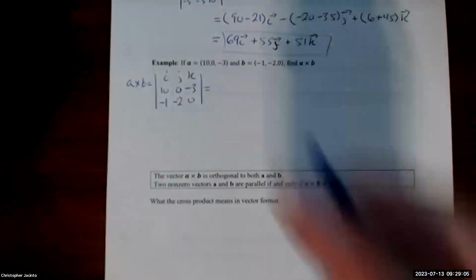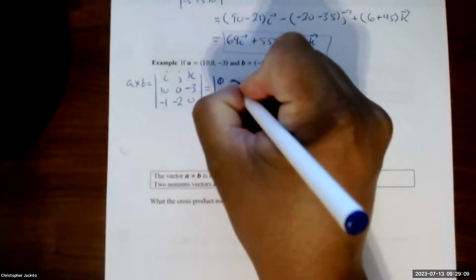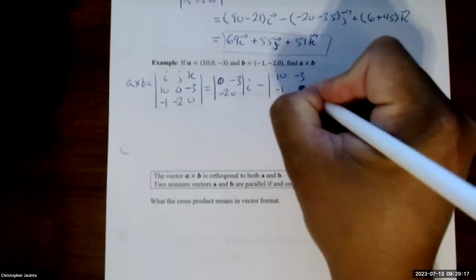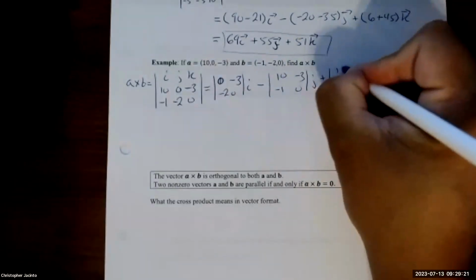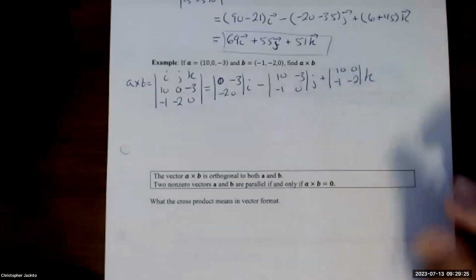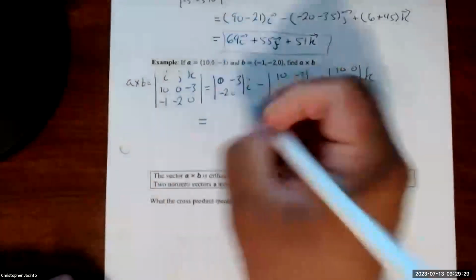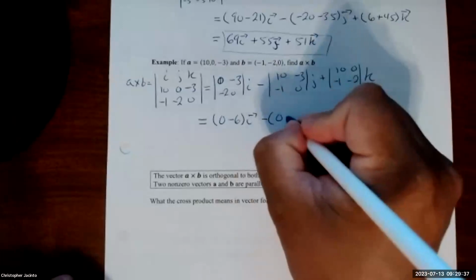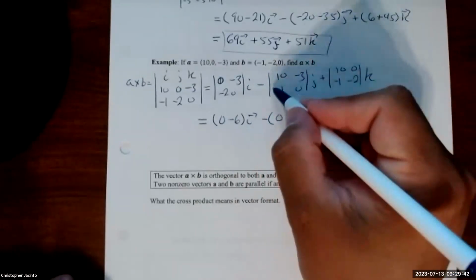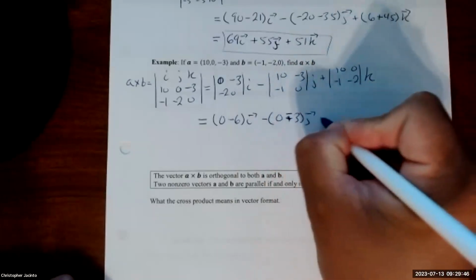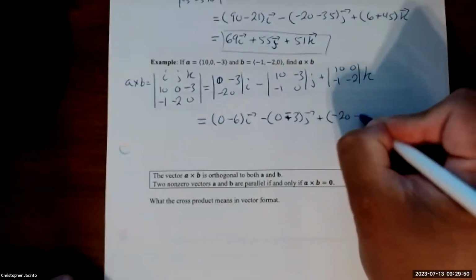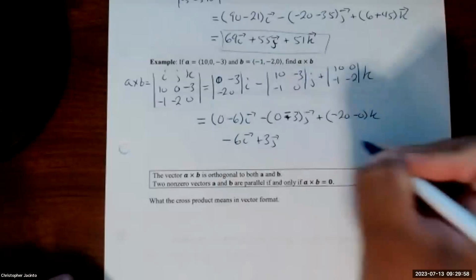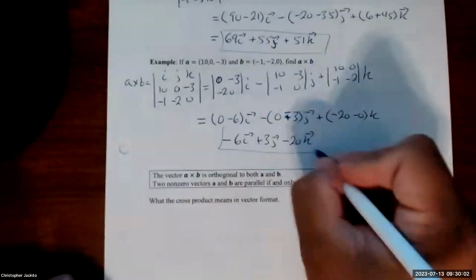Okay, so again, this becomes 0, -3, -2, 0, I. All right, so 0 - 6, I. Then 0, negative, so this becomes positive, positive, so this is minus, sorry, -3, J. And then finally, we do that. So here's our cross product.